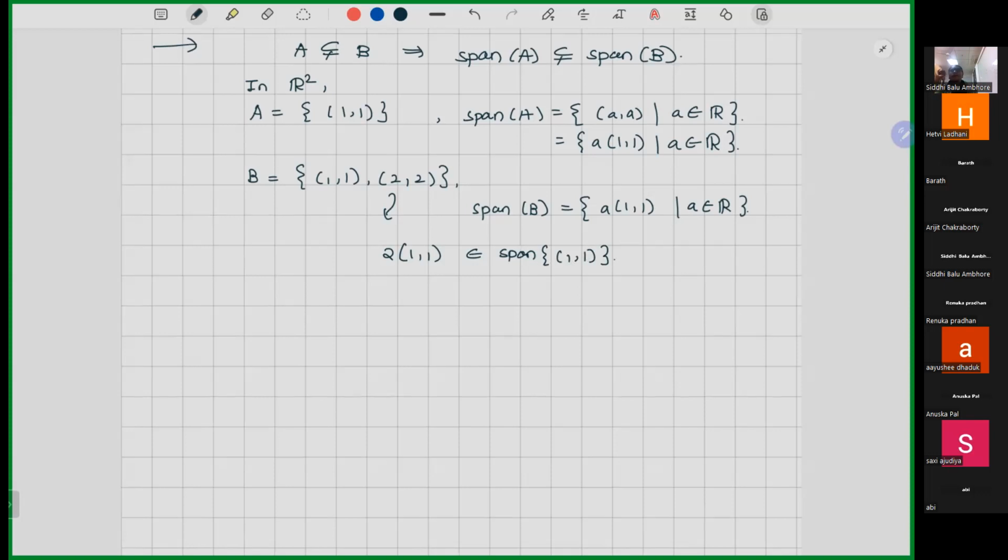Is there any doubt here? To understand that span of B in this case is again a scalar multiplication of this element. We are in real numbers, we are not in integers.